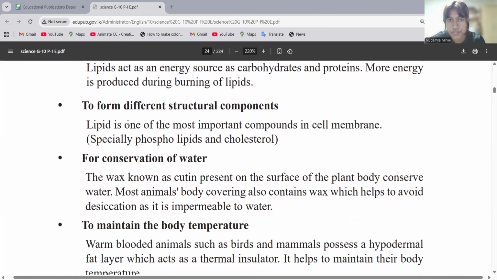They also form different structural components, like carbohydrates and proteins. That is in the cell membrane as well, phospholipids and cholesterol. So in the cell membrane, I hope you remember, proteins are also there, but remember cellulose is in the cell wall.